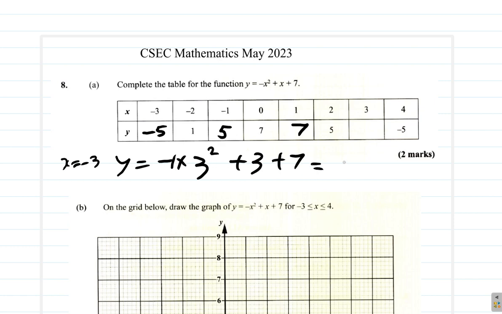So it's going to be negative 9 plus 3 plus 7. Now, negative 9 plus 3 is going to be negative 6. Negative 6 plus 7. Yeah, negative 6, and you go to the right 7. So it's going to be a positive 1. Alright? So that's what you have there.